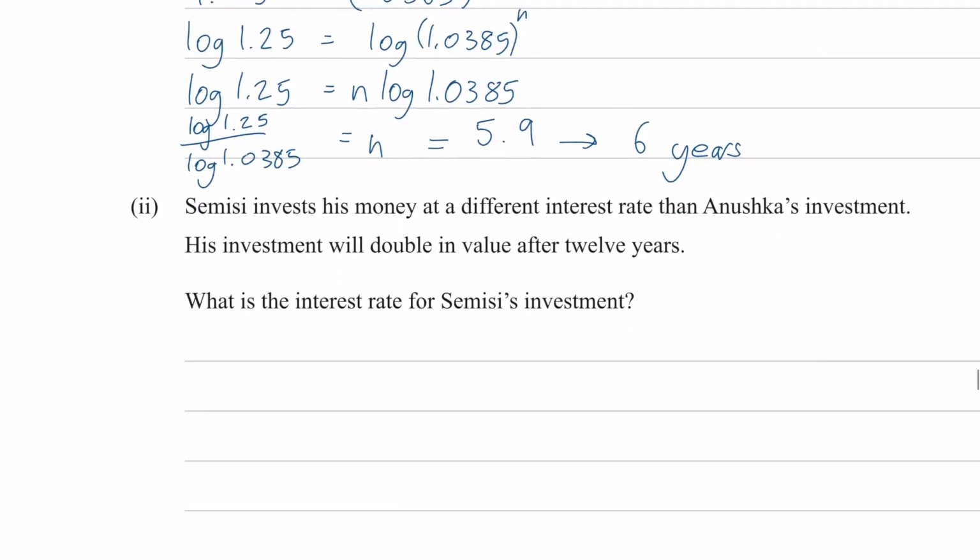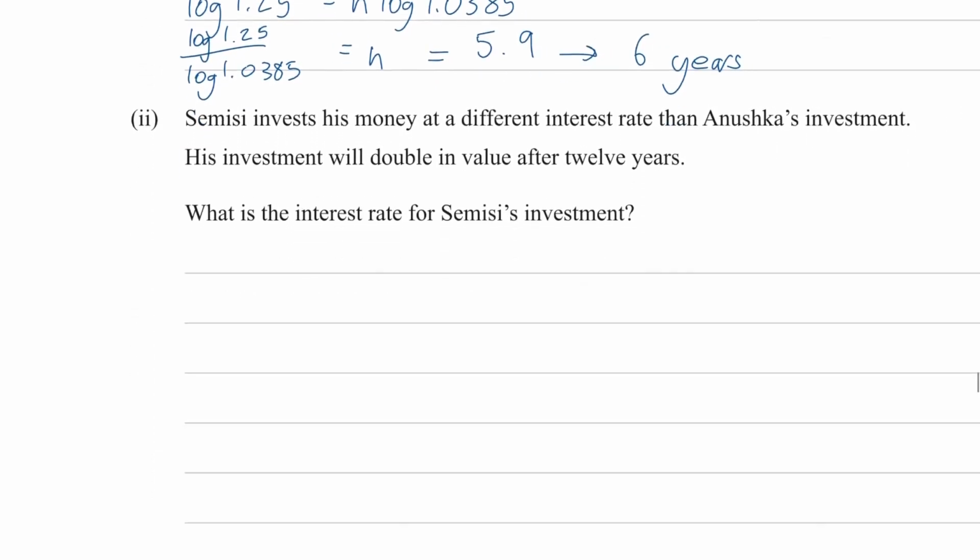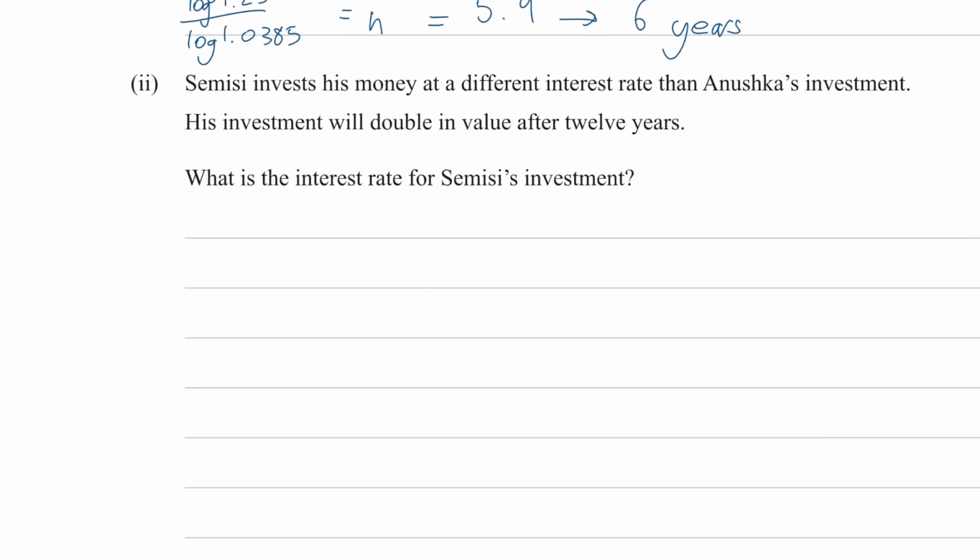So, Semesi invests his money at a different interest rate. Okay, let's hope it's higher. His investment will double in value after 12 years. What is the interest rate for this investment? Okay, so the unknown here is the interest rate, or R. We're given that his investment will double.